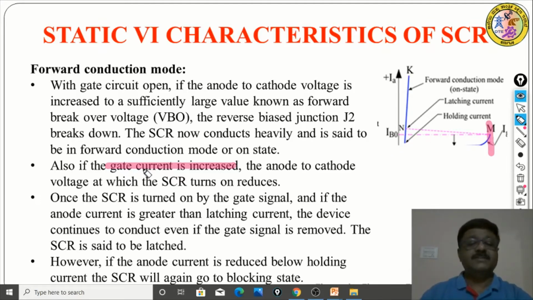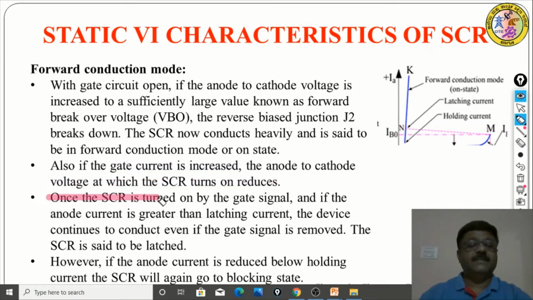If I give some gate current, then the SCR will turn on at a lesser voltage. Means by increasing gate current, I can reduce the forward voltage at which the SCR turns on. This is how I can make the SCR conduct at reduced forward voltage by increasing the gate current.